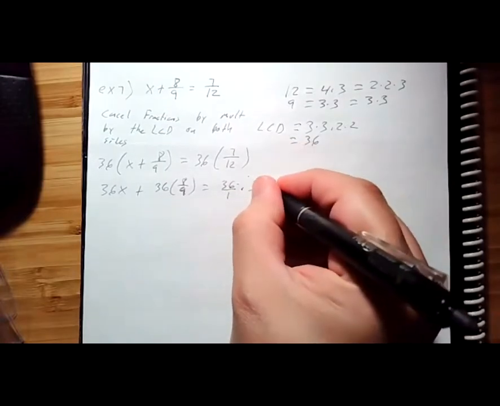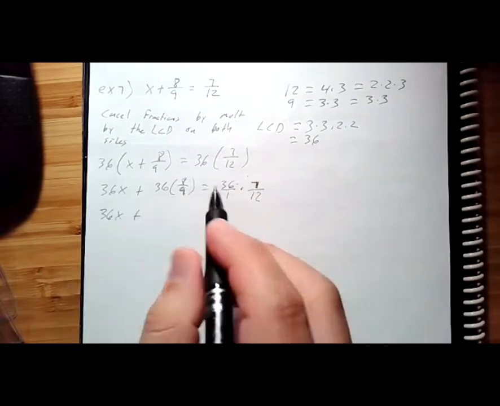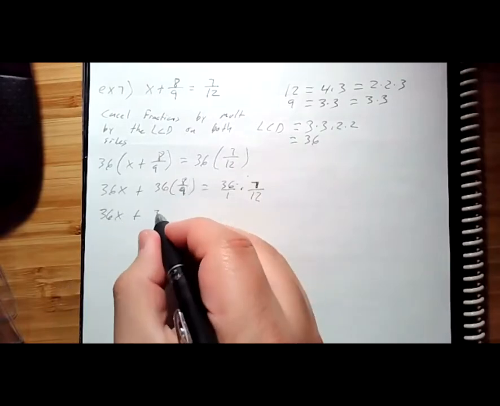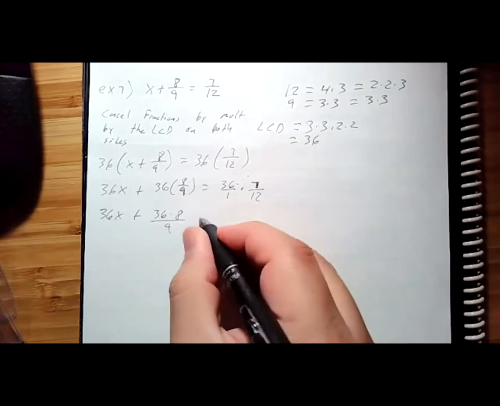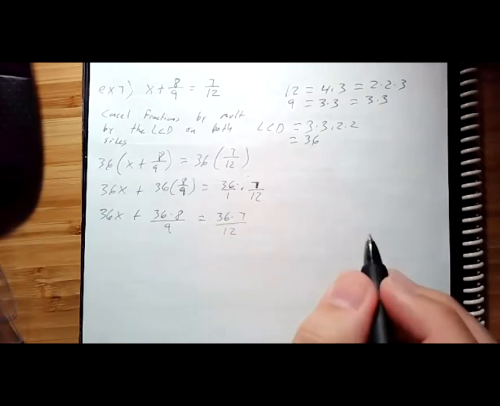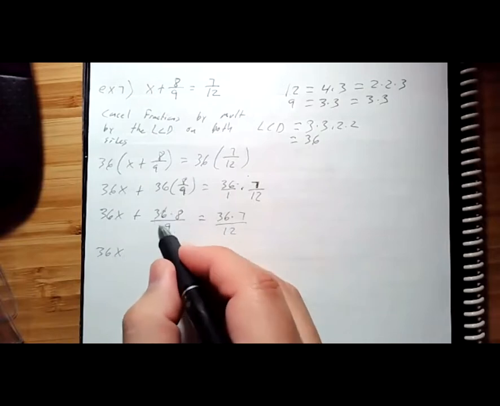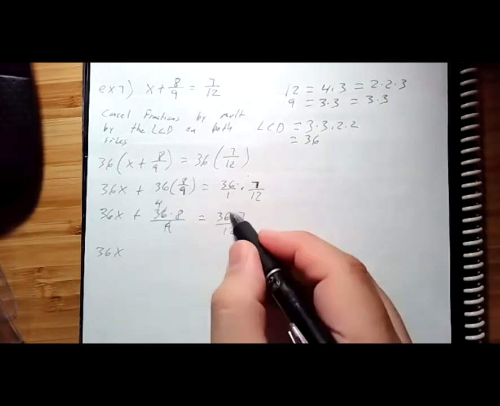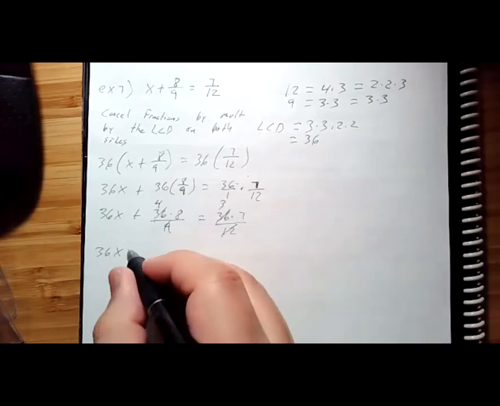7, by the way. So 36 times 8, that's going to be right here, divided by 9, which will reduce it. 36 times 7 divided by 12, which will reduce. So 36 divided by 9 is a 4. 36 divided by 12 is a 3.